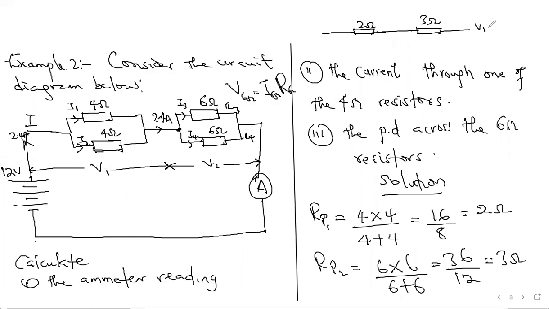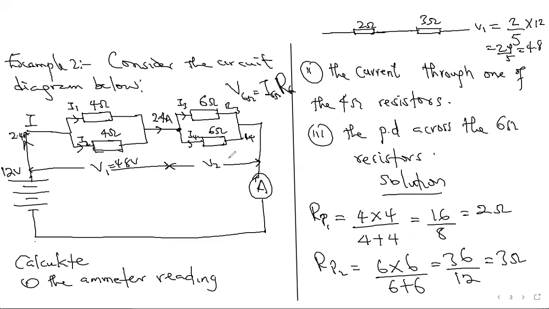V1 will be the resistance of this combination, 2, divided by the total resistance, 5, multiplied by what they are sharing, 12. That gives 24 over 5, which is 4.8.